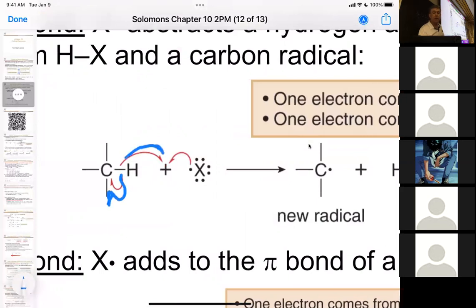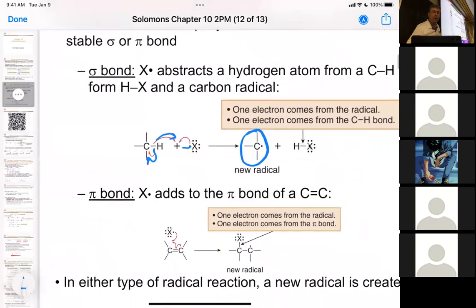One of the electrons is going to be used to make the new sigma bond with whatever the radical was. So this is radical abstraction, breaking a hydrocarbon bond. Okay, and it generated a radical. In fact, what you're going to notice is that in most reactions, when you have a radical attacking a neutral species, it'll create a radical. So that's how we're creating that radical on the carbon.